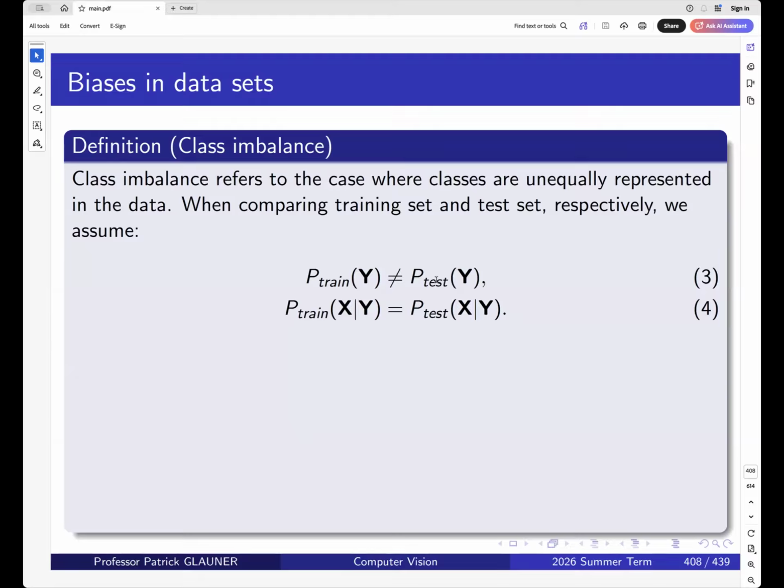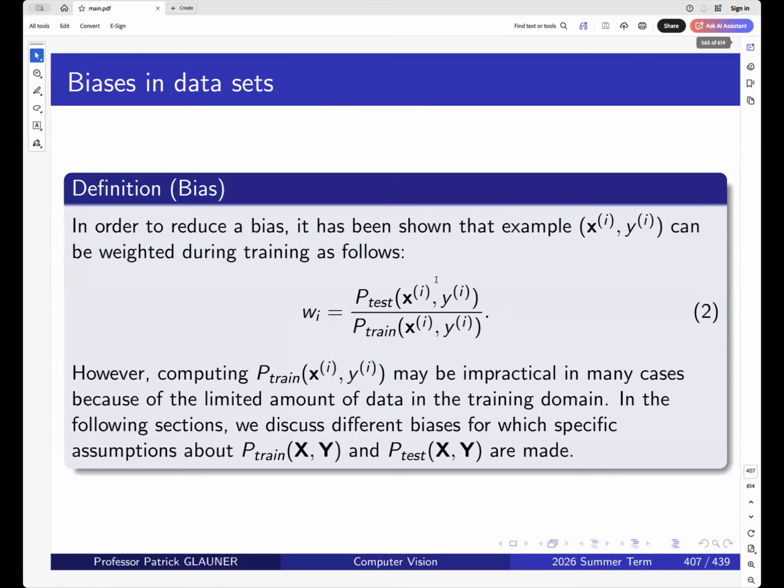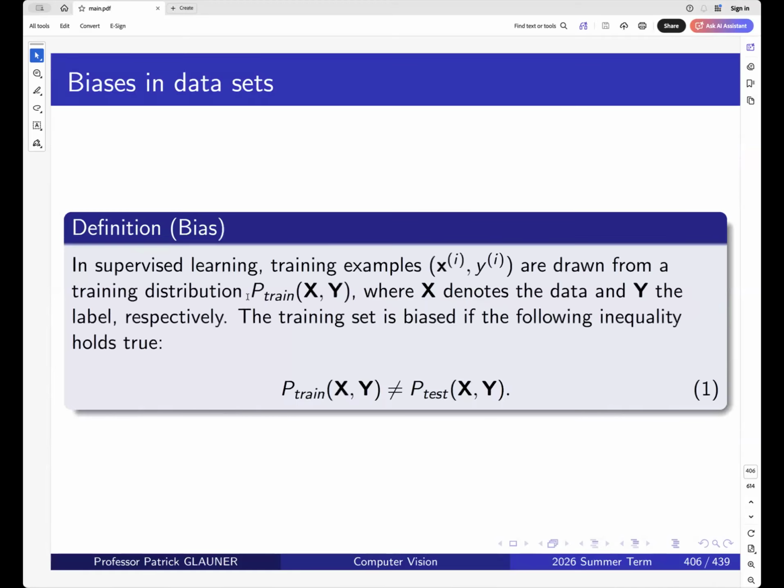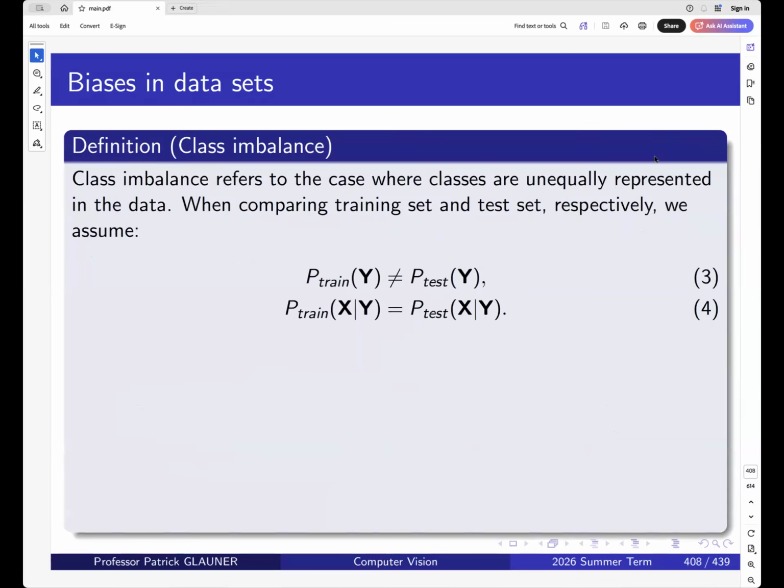Concretely, I have a class imbalance because I have more examples from the one class than the other. I will introduce class imbalance now from this framework that we have here, where we look at these distributions and then make some assumptions. And when we make these assumptions, it will turn out that we can calculate this weight much easier.